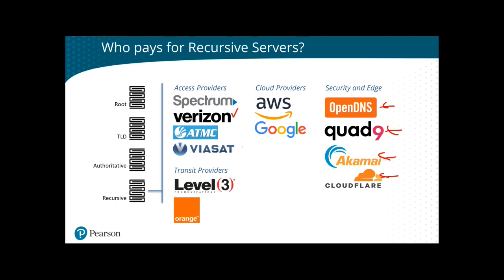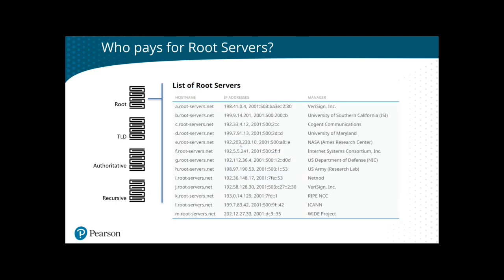All right. So these are my recursive servers. Now, the recursive server first, when it does a resolution, is going to ask a root server. So who owns root servers, and why? I told you before, root servers, there's thousands of them. It seems like it would cost a lot of money for VeriSign, for instance, to go run all of these root servers. So it does.